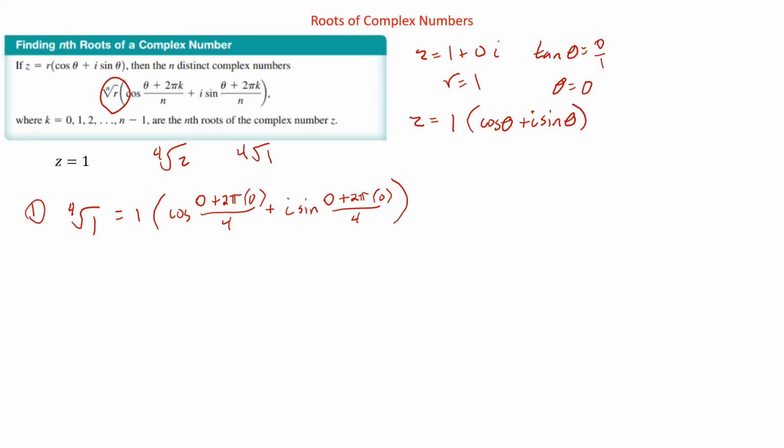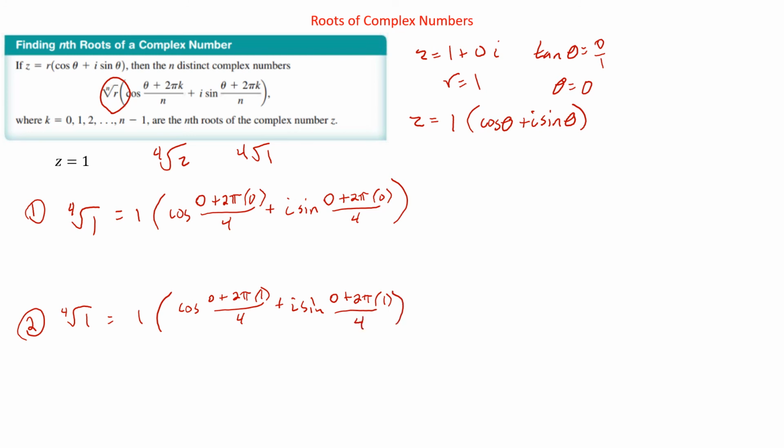The second one, the fourth root of 1, is going to be 1 times cosine of 0 plus 2 pi times 1 over 4 plus i sine 0 plus 2 pi times 1 over 4.